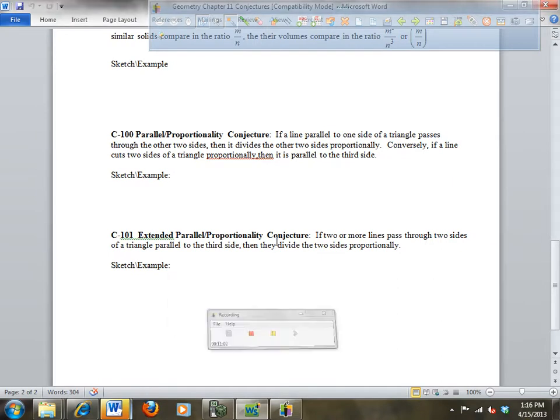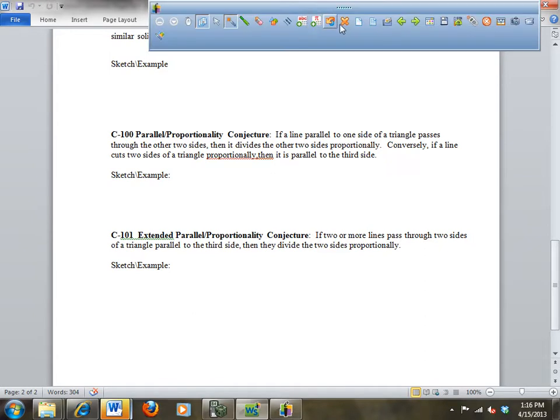The extended proportionality conjecture says if two or more lines pass through two sides of a triangle parallel to the third side, then they divide these two sides proportionally.